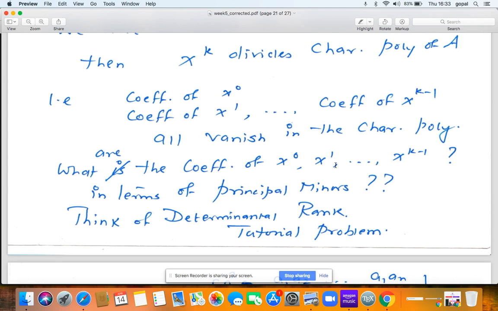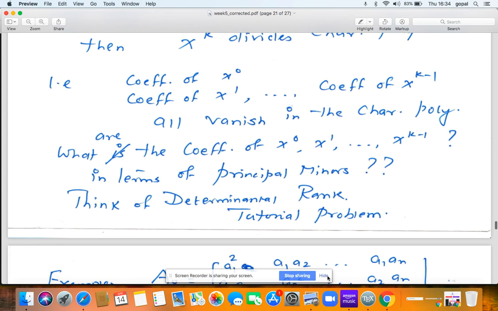That means all n minus 1 by n minus 1 subdeterminants must be 0. In particular, the principal minors of size n minus 1 by n minus 1 are 0. Therefore, the coefficient of x to the power 1 must be 0, etc. Please complete the argument systematically.